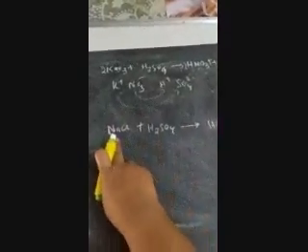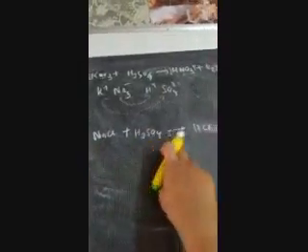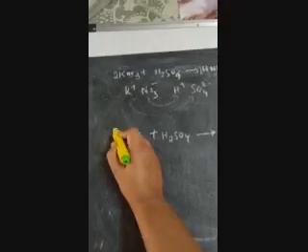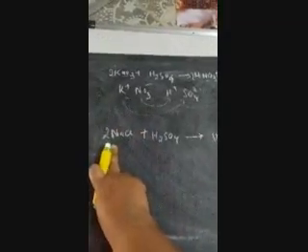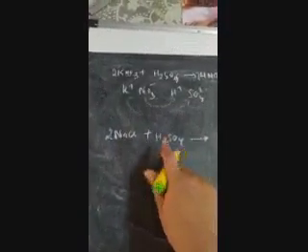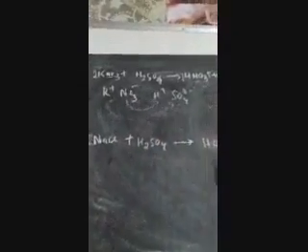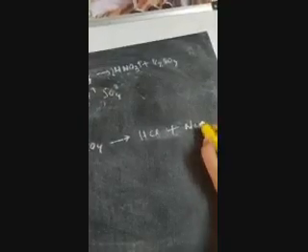So chloride and hydrogen will combine to give you HCl, and the positive part, sodium, will combine with sulfate, to give you NaHSO4.